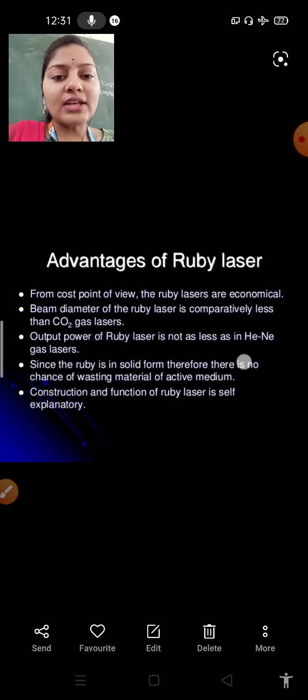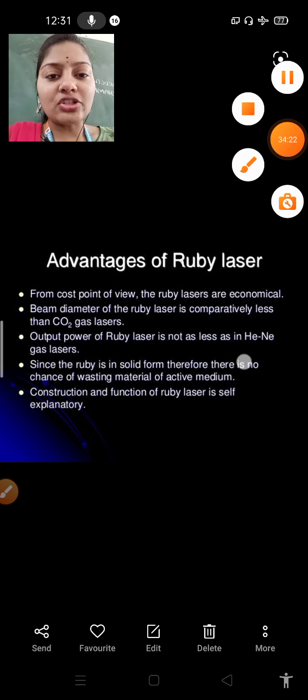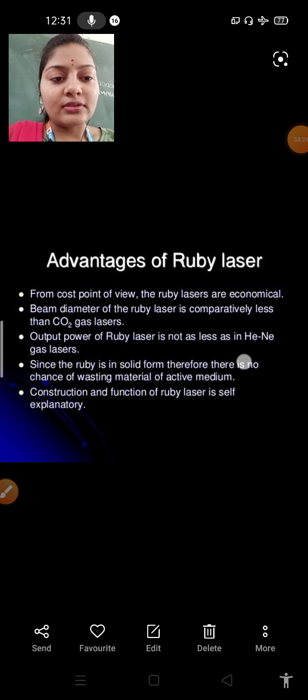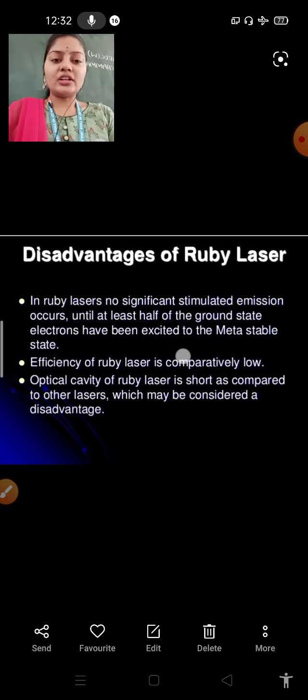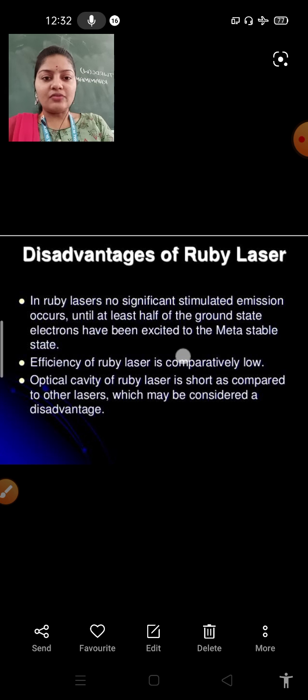Now coming to the disadvantages. What are the disadvantages of the ruby laser? It is very difficult to maintain the population inversion, and the output of the ruby laser is a pulsed laser, not a continuous laser.